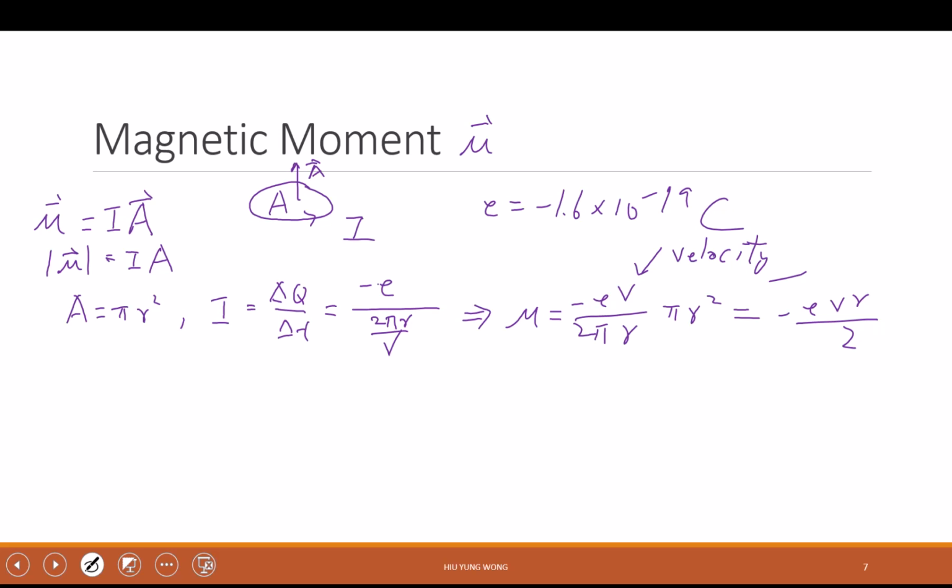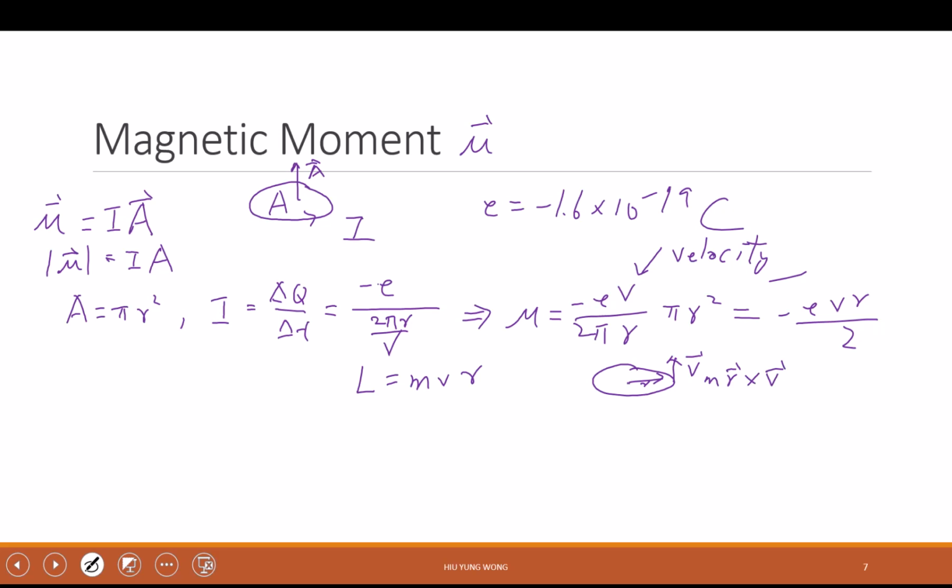The angular momentum of a rotating object is m v r. If this is the origin, this is r, and this is v, then the angular momentum is r cross v times m, but because they're at 90 degrees, it's just m v r.